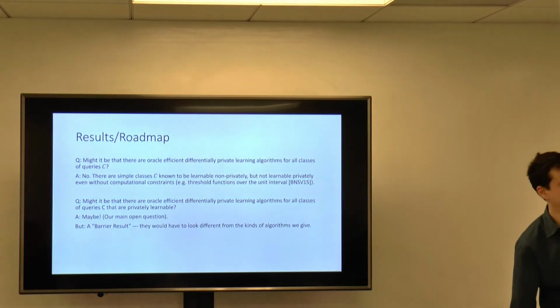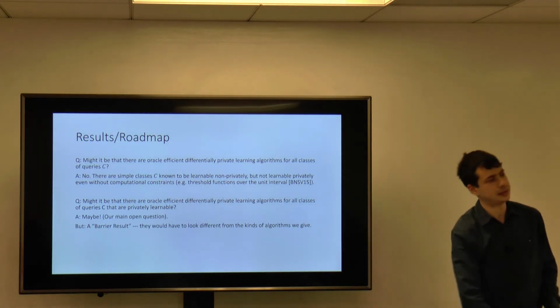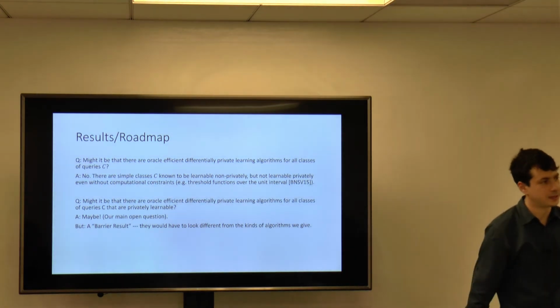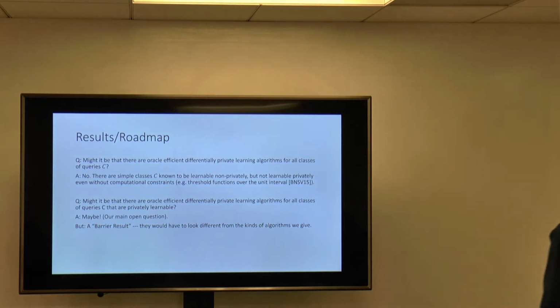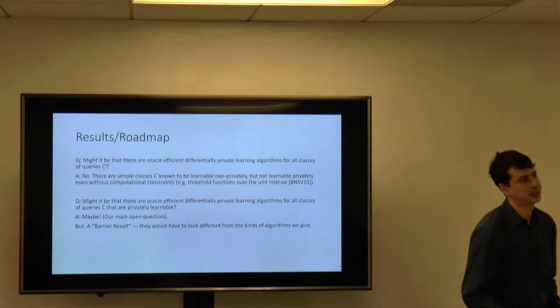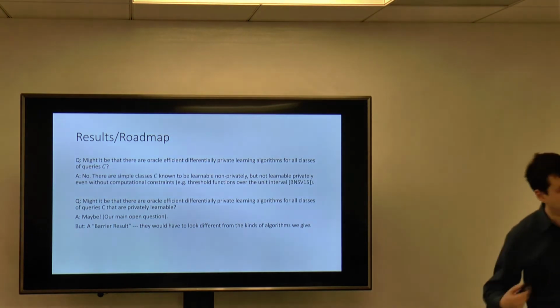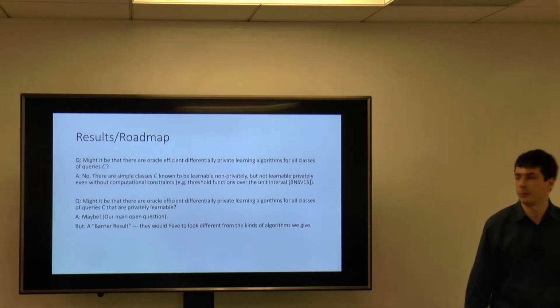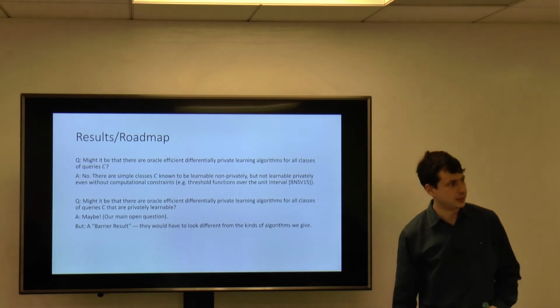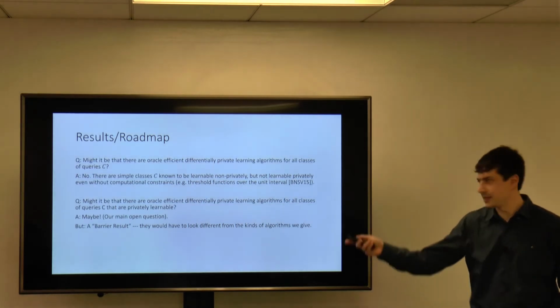Not all algorithms are in this class, which is why this is a barrier result, not a straightforward impossibility result. But one might conjecture that there's nevertheless a way to convert any private algorithm into an online learning algorithm with no blow up in running time, which would turn this into a real impossibility result. But this is an interesting question.